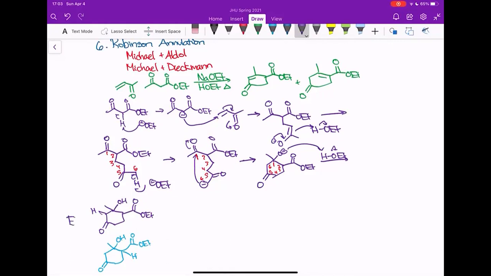But your base will come ahead to grab this proton. And then you'll have your E1CB elimination, where these electrons come down to kick off your poor leaving group.